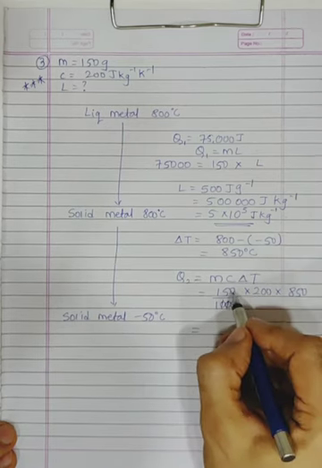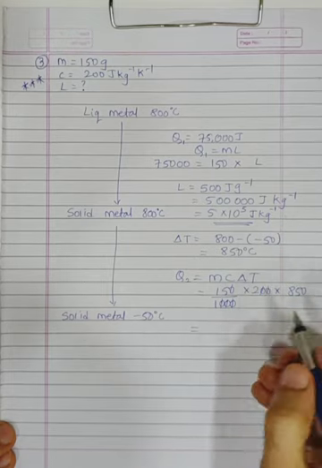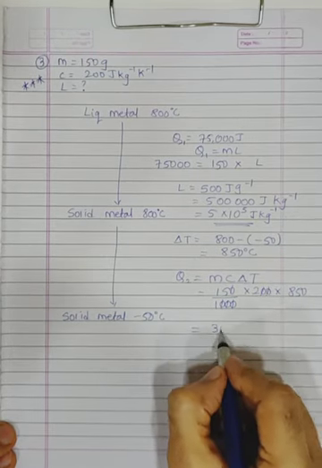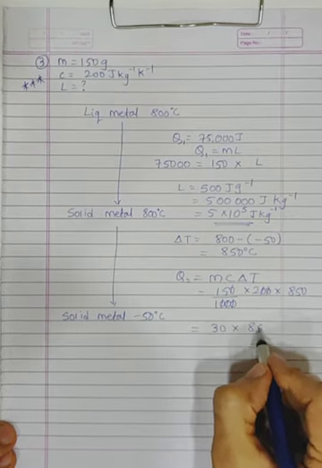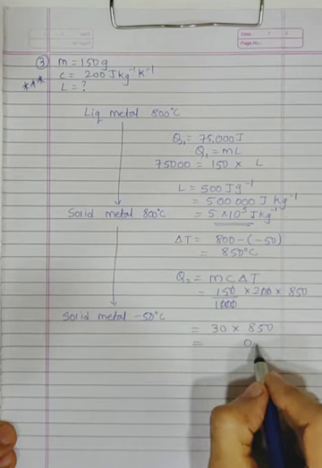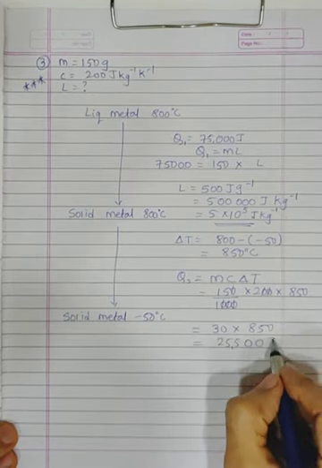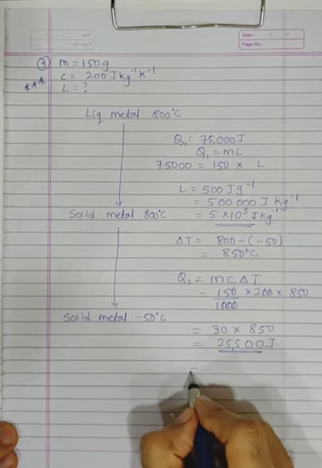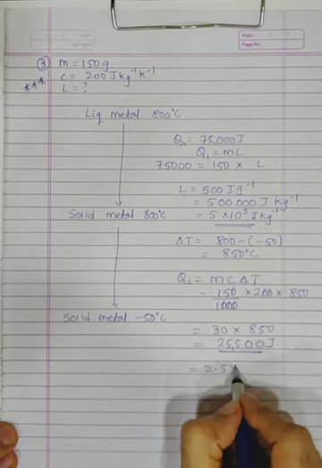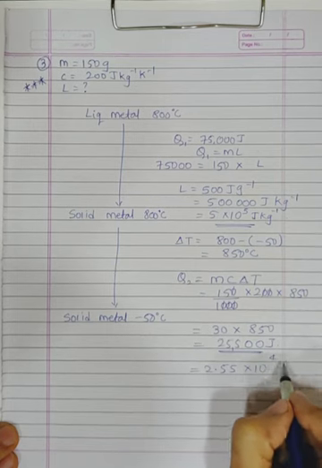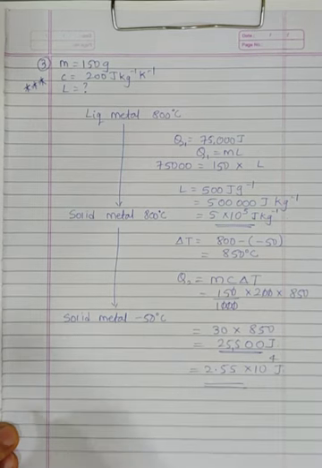You can cancel here also 1, 2, 3 zeros. What is 15 into 2? 30 into 850. So you will put 2 zeros, 240, 255, 25,500 joule, or 2.55 into 10 raised to 4 joule. That's the standard form.